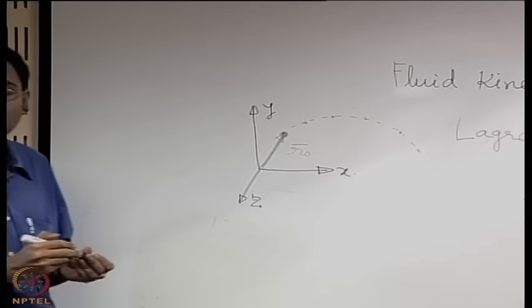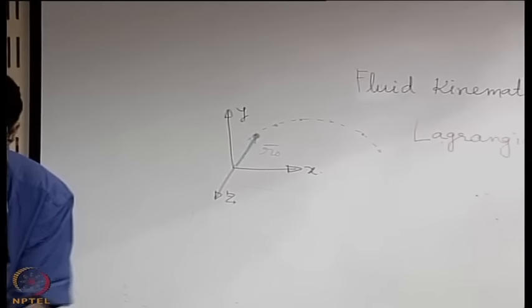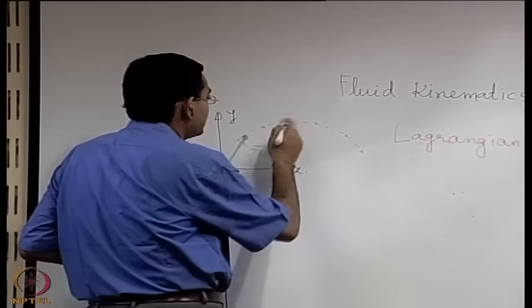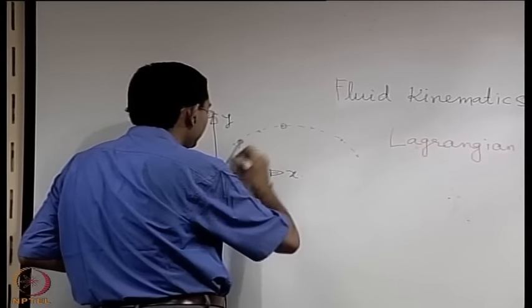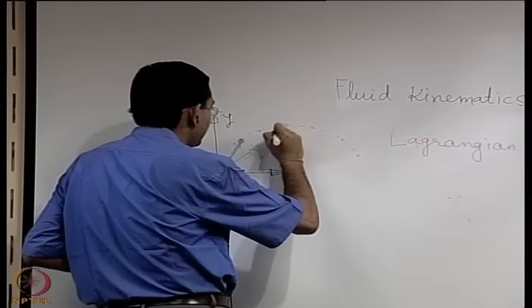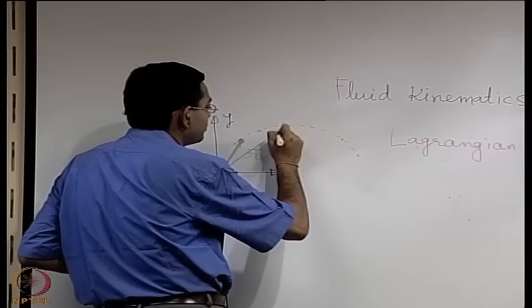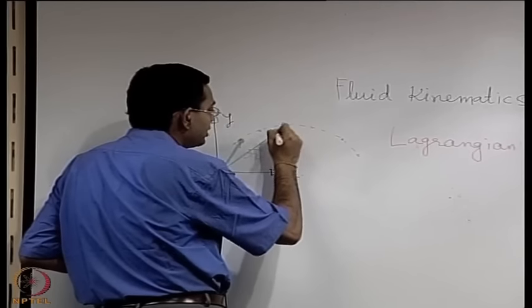The position vector at any other instant of time, say the particle is at this location at an instant of time t, is r.